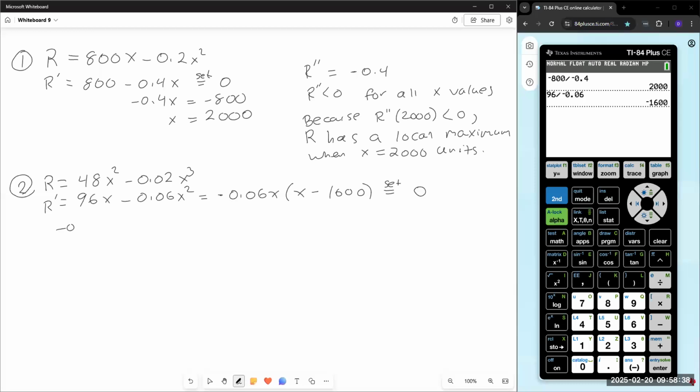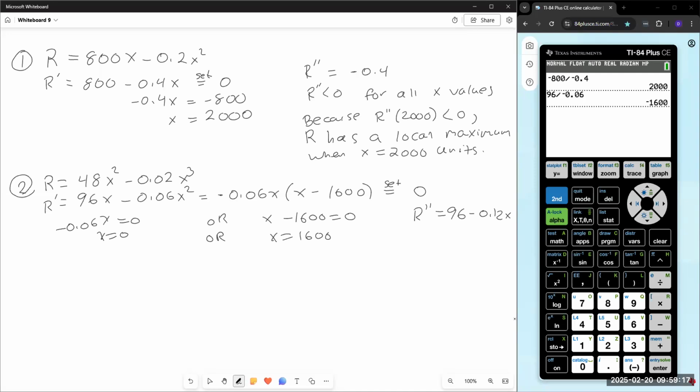At negative 0.06x equals 0, or x minus 1,600 is equal to 0. So x equals 0, or x equals 1,600. You can imagine which one is probably the right answer, but let's use the second derivative to help us prove which one is the right answer. So the second derivative here is equal to 96 minus 0.12x.